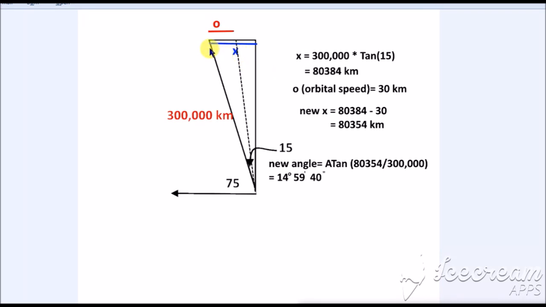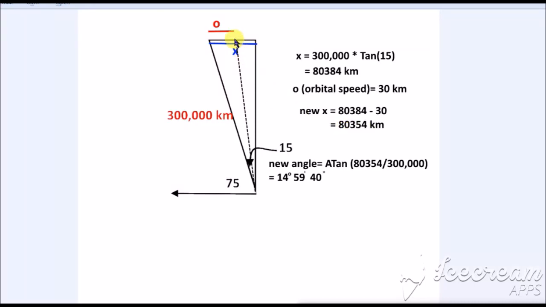So anyway, this is the x component, and the x component is 300,000 times cos 75, and it came to be like this: 80,384 kilometers per second, and the O, the orbital speed, is 30 kilometers per second. So the new x, this is the new x here, will be 80,354.